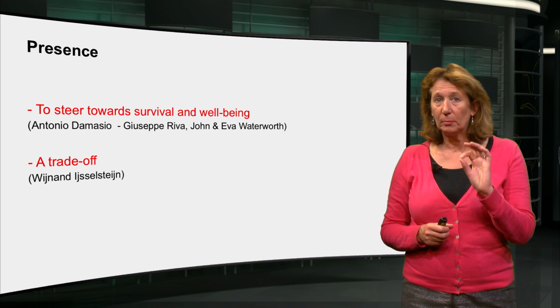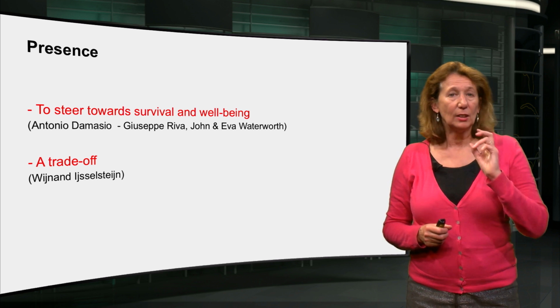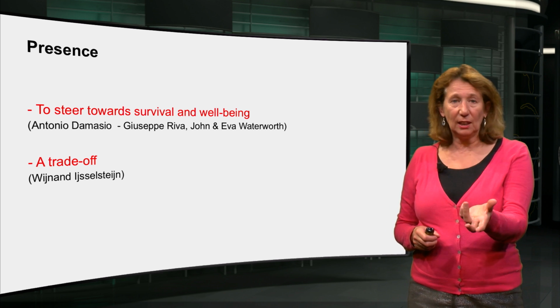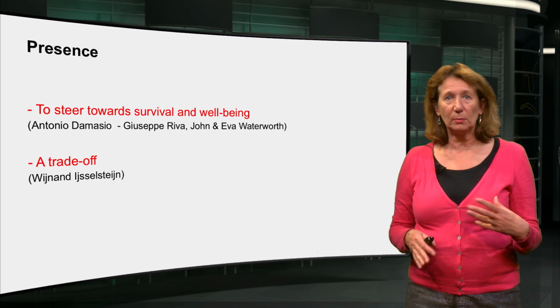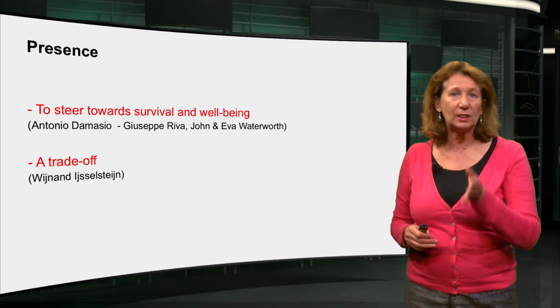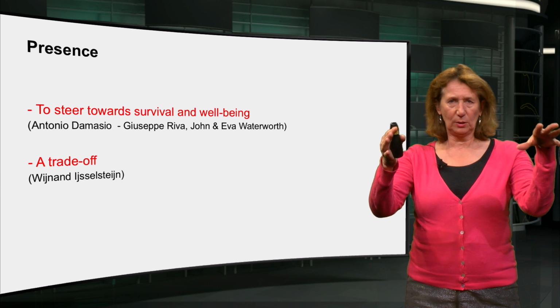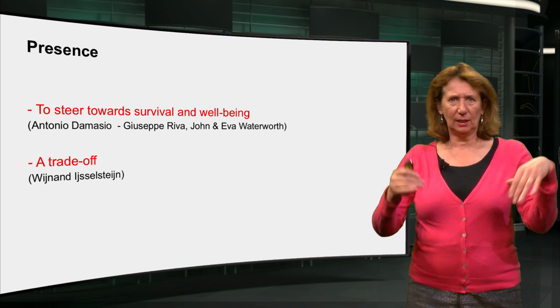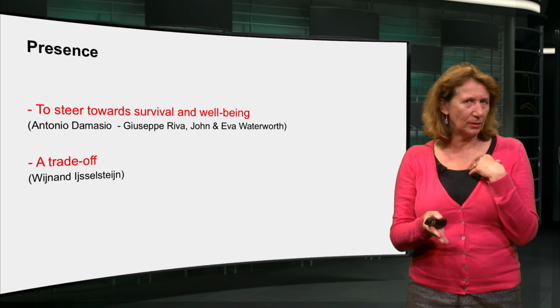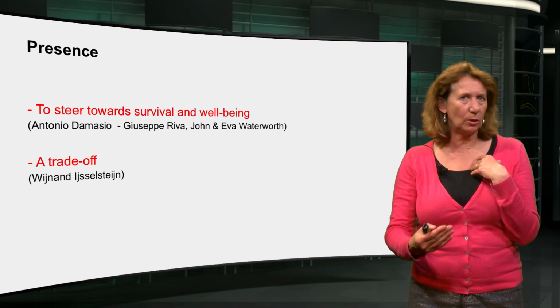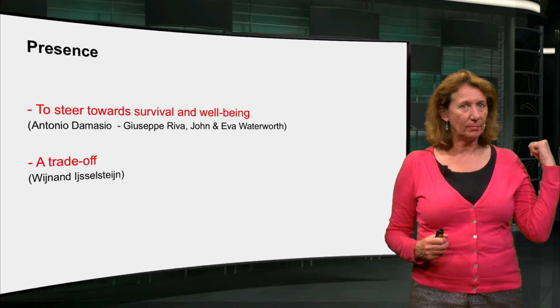Also, presence is a trade-off. Here I often tell the story of the dark alley in the dark night. At the end of the night, I'm on high heels, I'm tired, I'm on my way home, I have to go through this alley, and there's this huge guy at the end of the alley. And he looks a bit grumpy. And I think, can I pass him or not? How close do I have to get before I decide to pass or run out the other way?